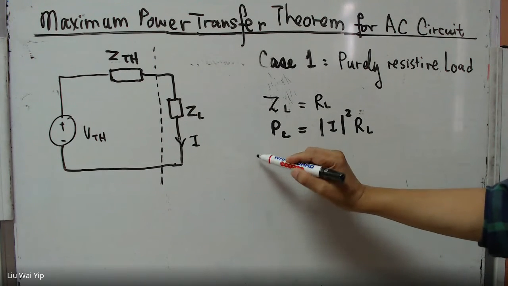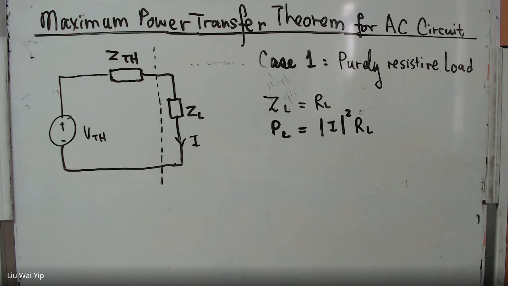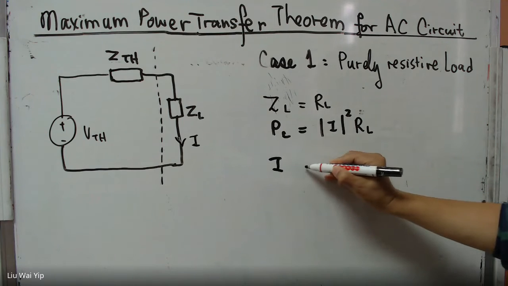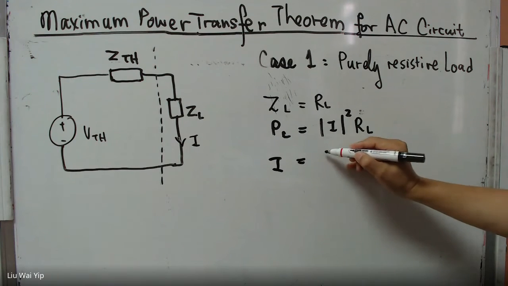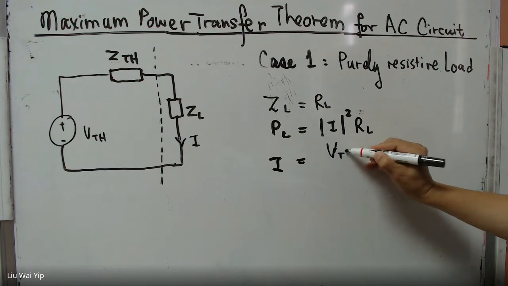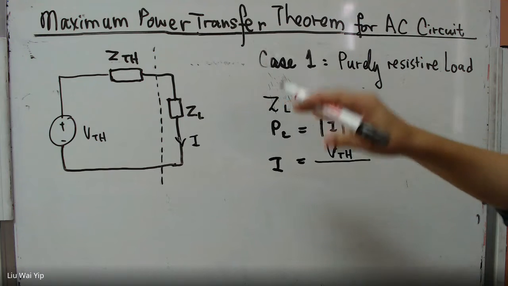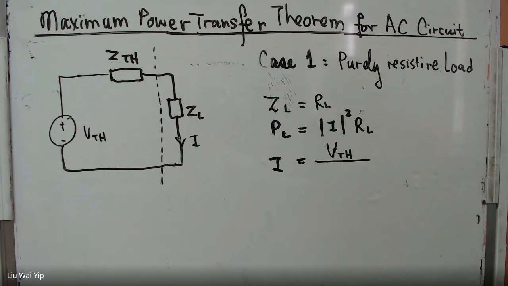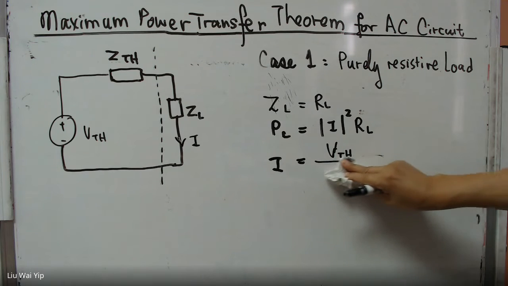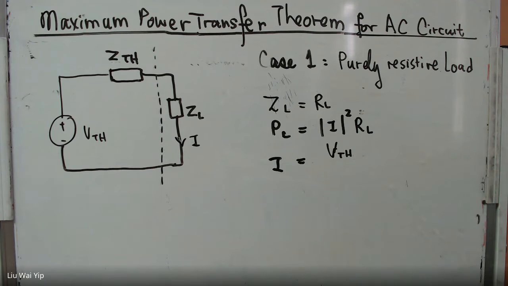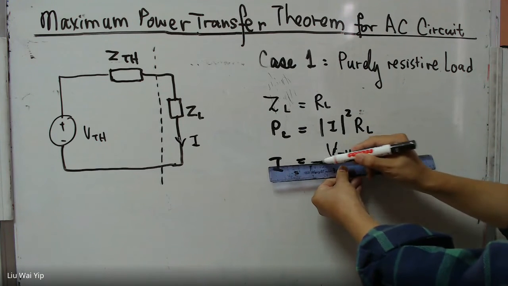I can be calculated by VTH divided by the total impedance. So what is the total impedance?